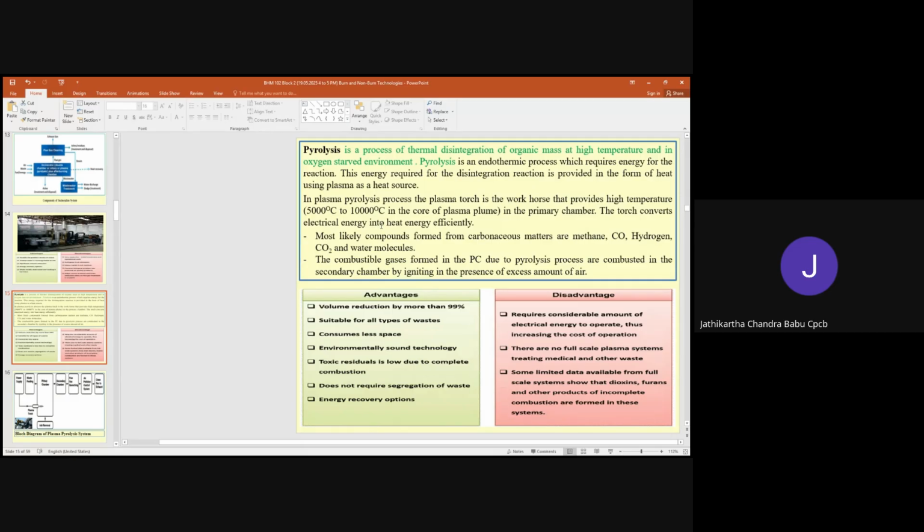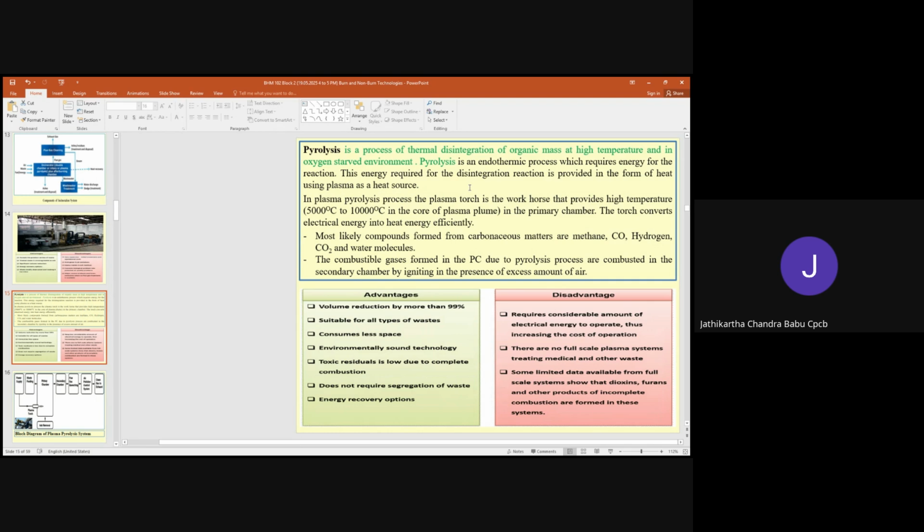Now, pyrolysis is similar to incineration, where you are not going to give a huge quantum of oxygen.